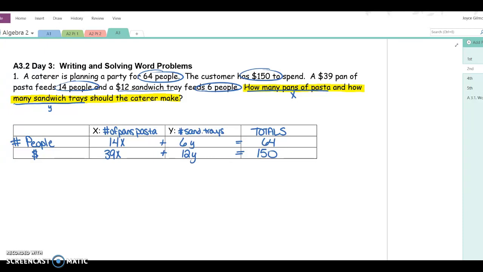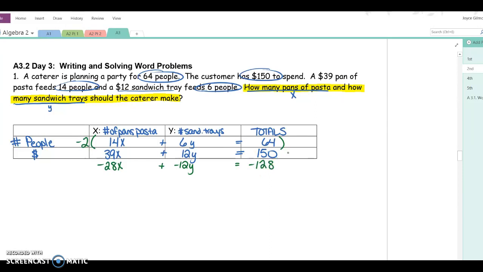Okay, if we multiply this top equation by -2, we could make it so we have -6y and +12y. So if I multiply it by -2, that would give me -28x plus -12y equals -$128.